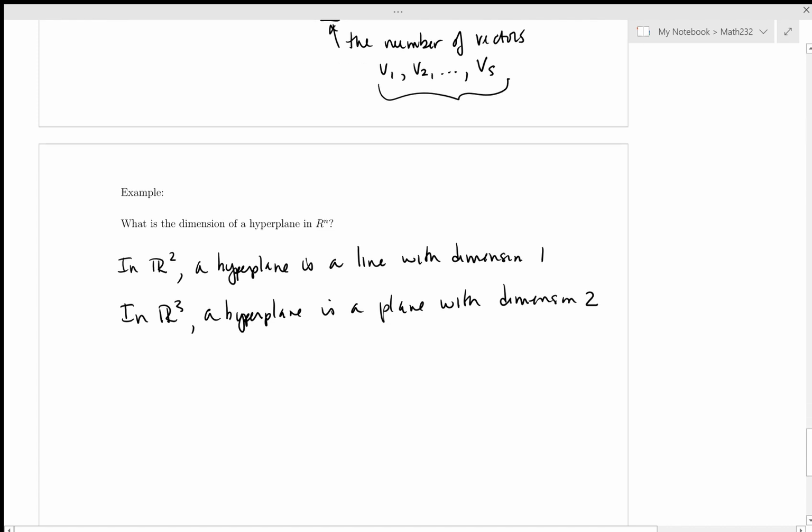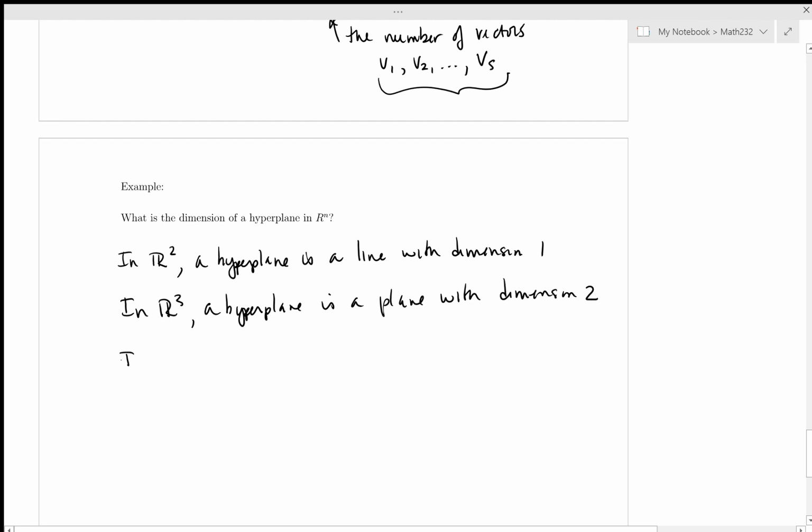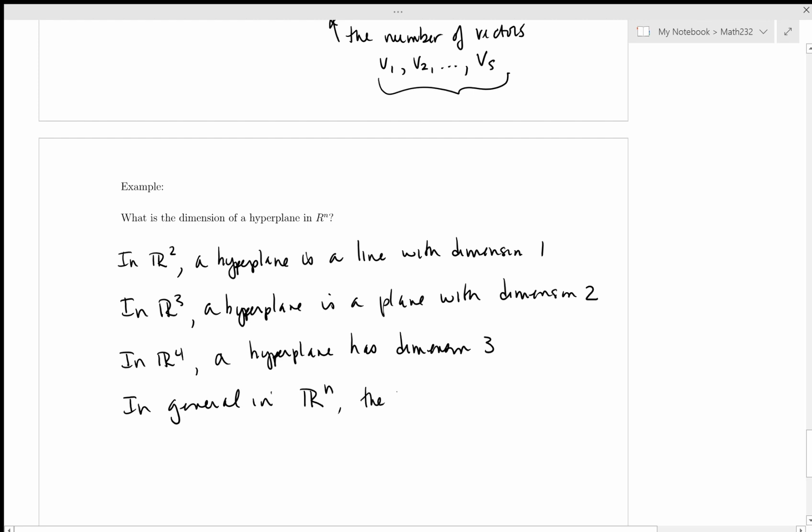Okay, so what happens as we keep going? In R4, a hyperplane has dimension 3. And so in general, in Rn, the hyperplane subspace of Rn has dimension n-1.